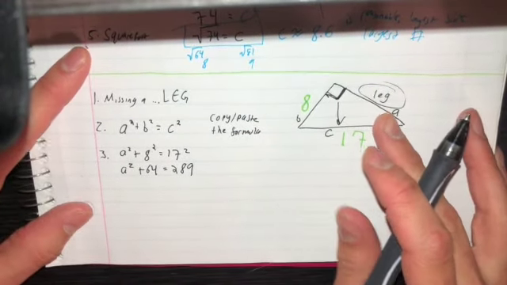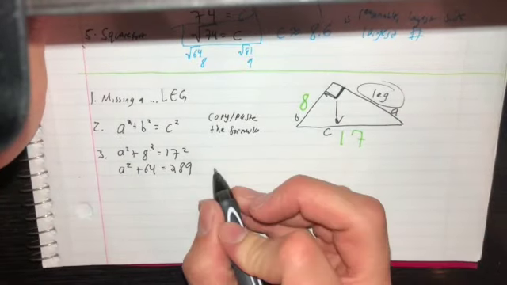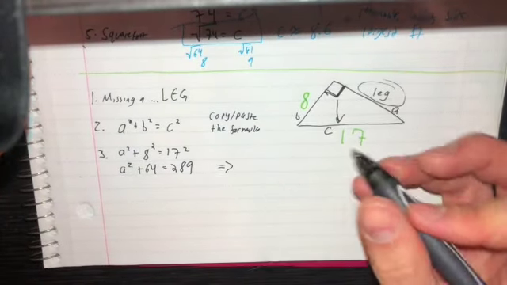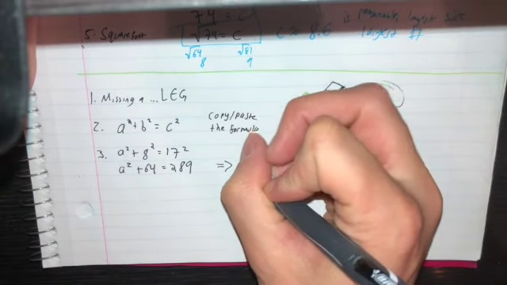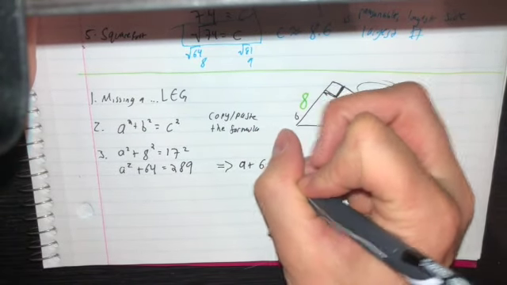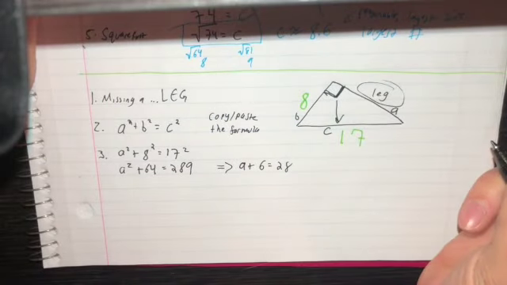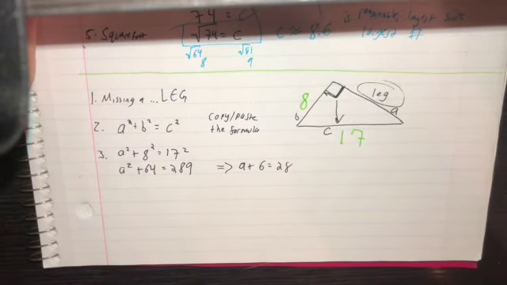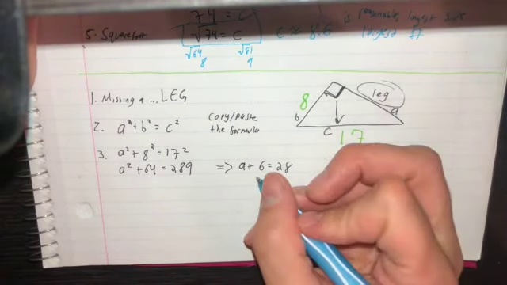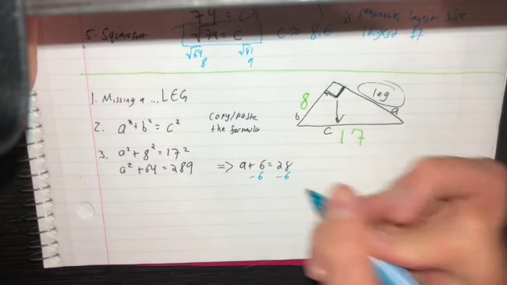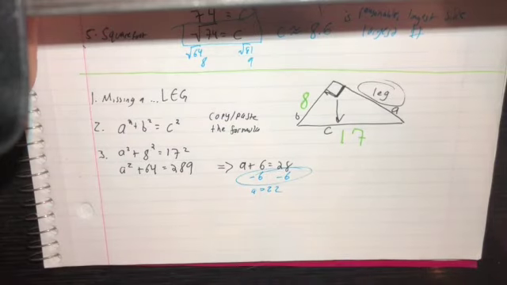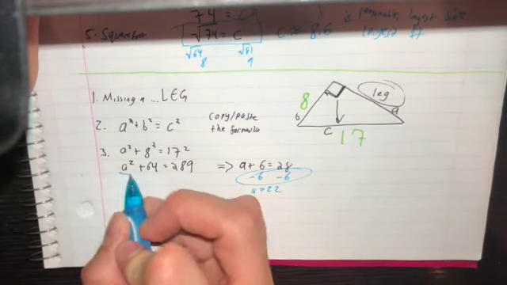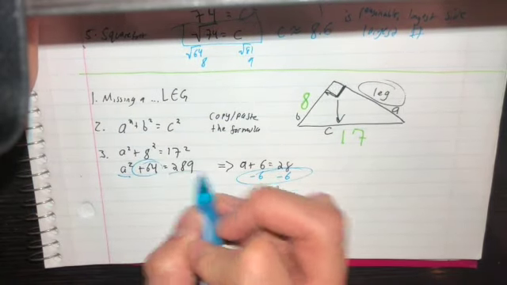Now, in order to solve an equation, let's think back to old school equations, back when life was fun. Then we had an equation like a plus 6 equals 28. How would I solve that equation? Well, I really hope this answer comes very quick, and you'd say, oh, subtract 6. It's the same type of deal here, because I have an a squared plus a number that gets me some other number.